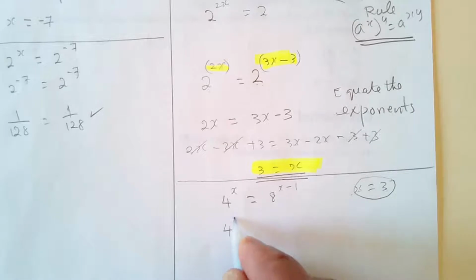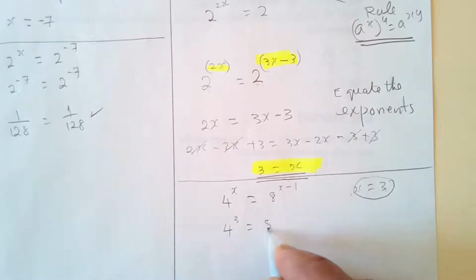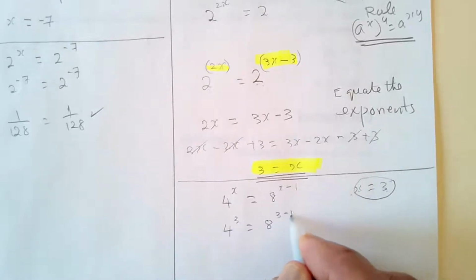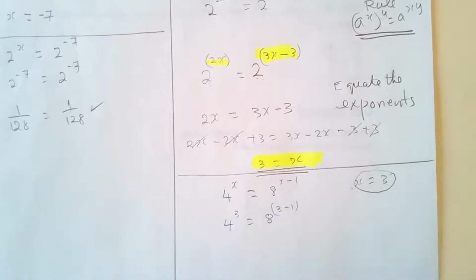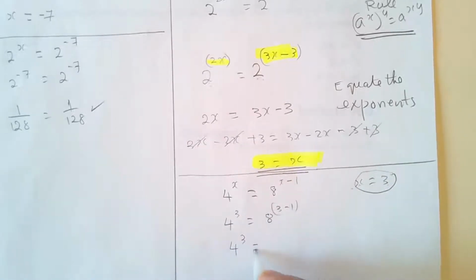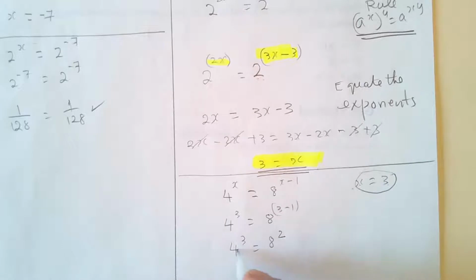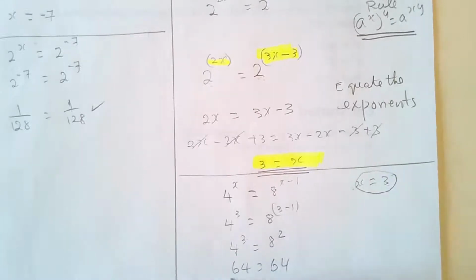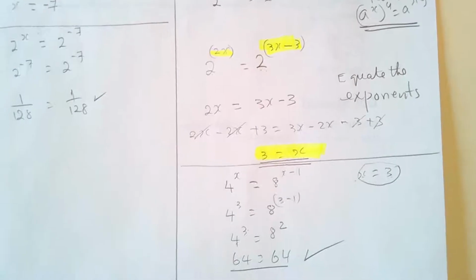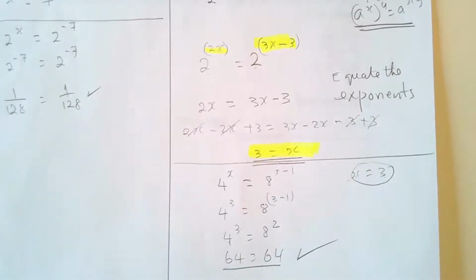We have 4 to the 3 is equal to 8 to the 3 minus 1. So 4 to the power 3 gives us what? 4 times 4 times 4, 64. And 8 to the power 2, 8 times 8, is 64. So it is true.